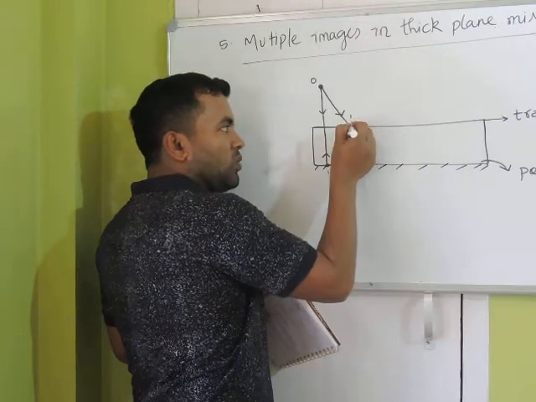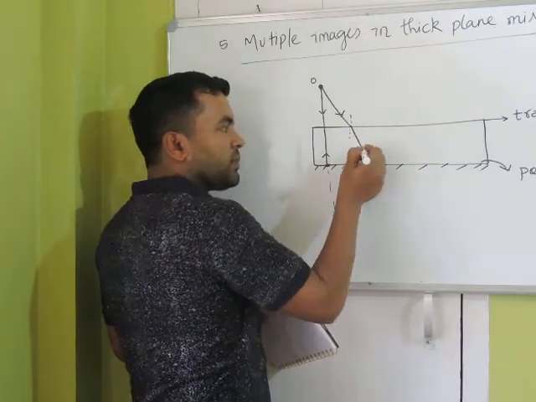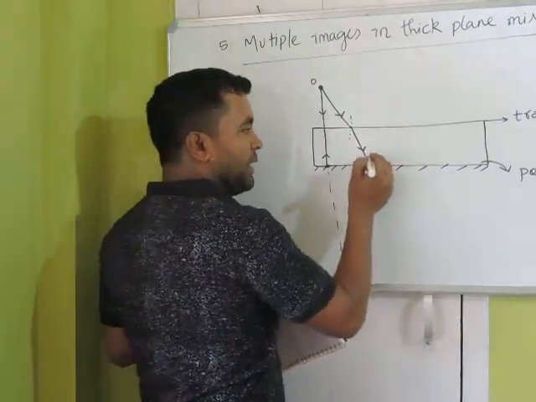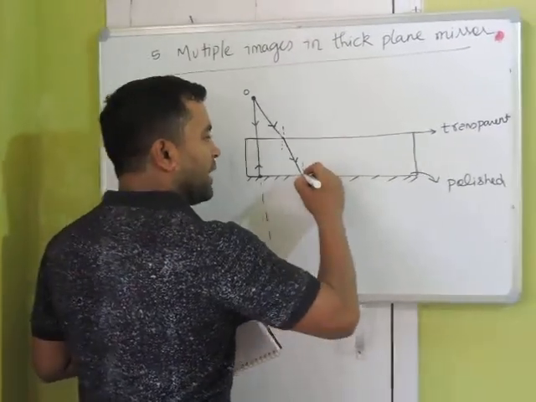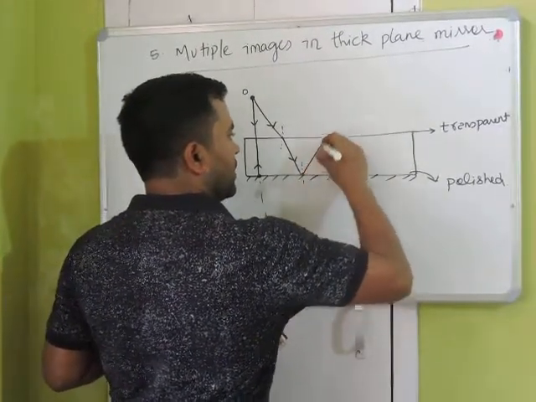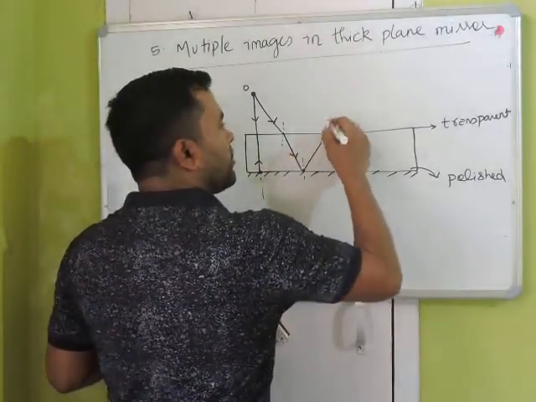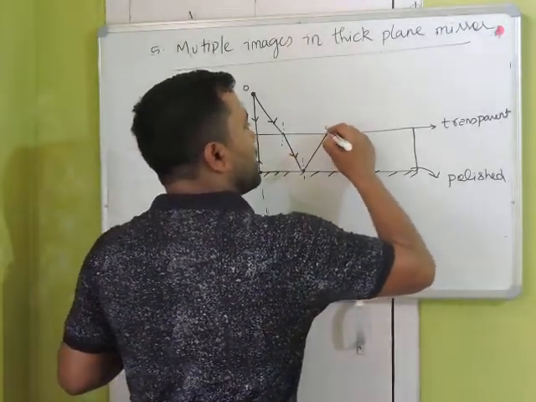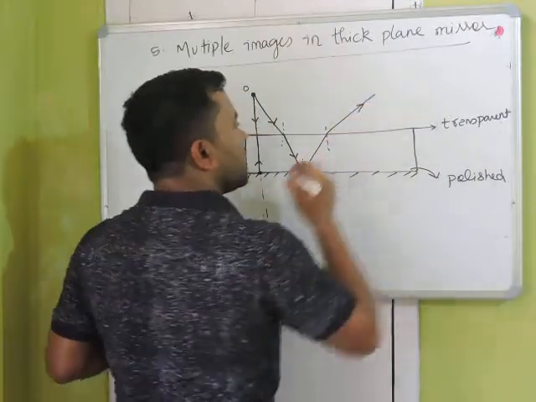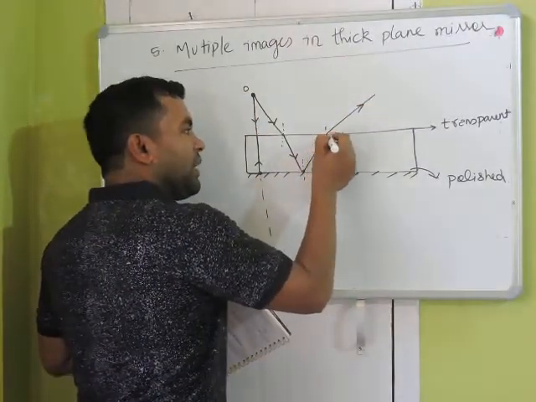So it goes inside. Then here most of the light will reflect. It goes like this. And then from here most of the light will refract and very little light will reflect.